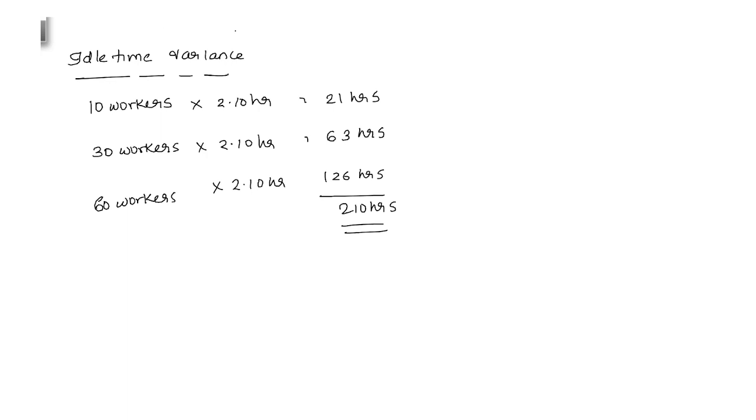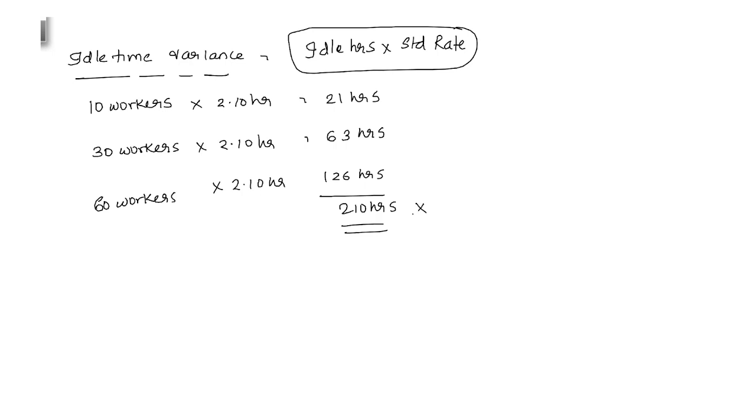The formula for idle time variance is what? Idle hours into standard rate. Correct? So what is the standard rate that we have over here? Is it 6 rupees per hour? So do I get the answer as 1260 adverse?